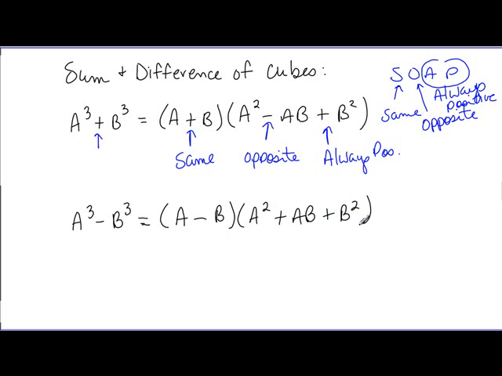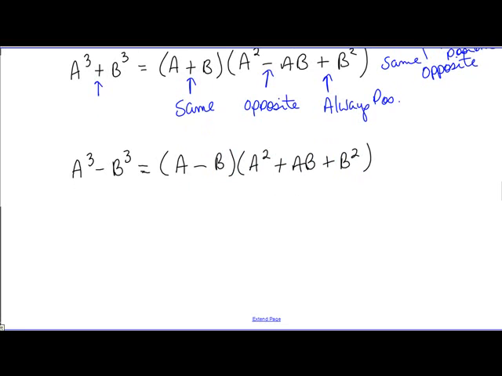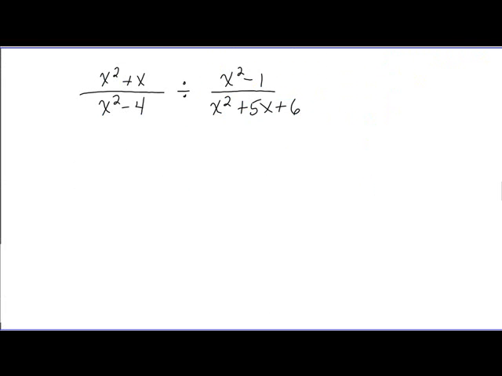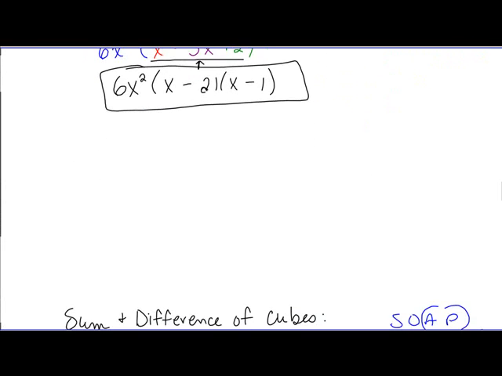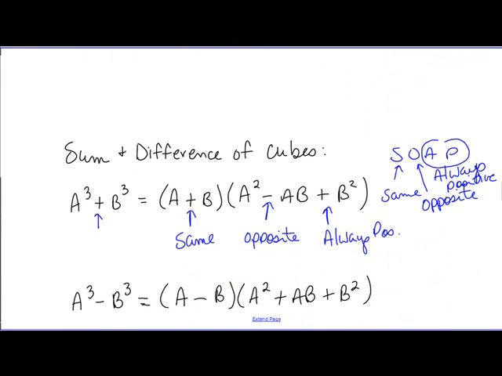So let's look at an example. We need to factor 64x cubed plus 27.